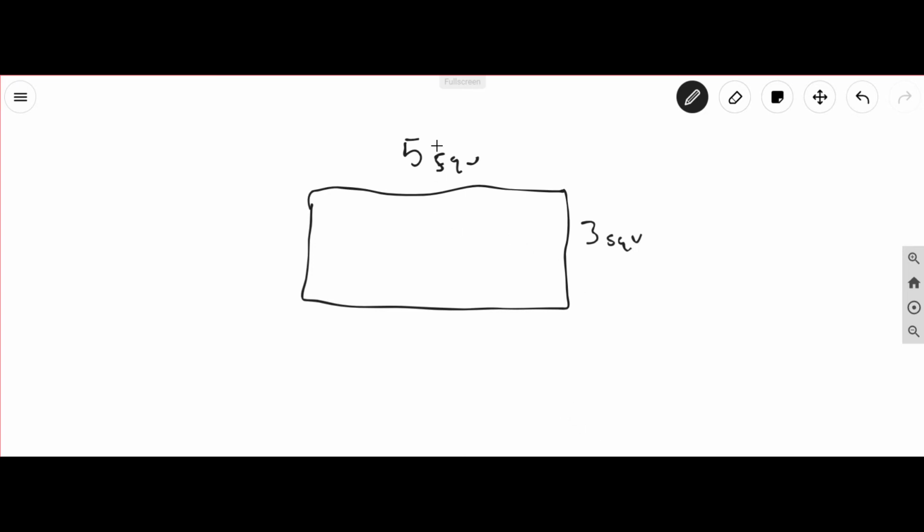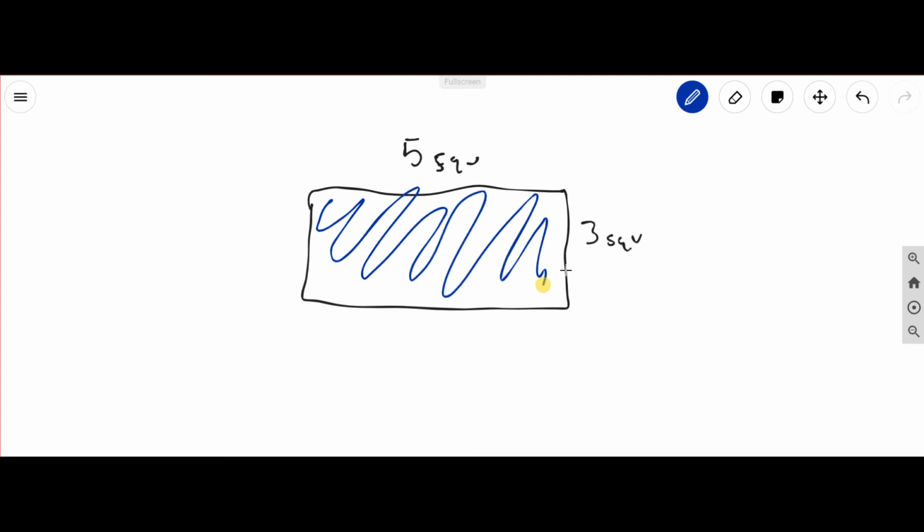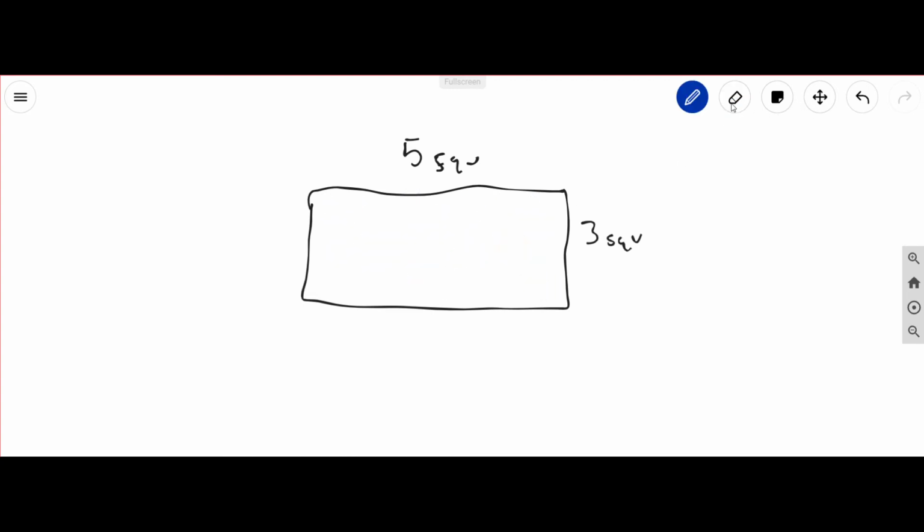Now, how do we find the area, or the space inside the boundary of the perimeter? How do we find that? Such a good question, isn't it? Well, we have 3 square units going this way, and we have 5 square units going this way.